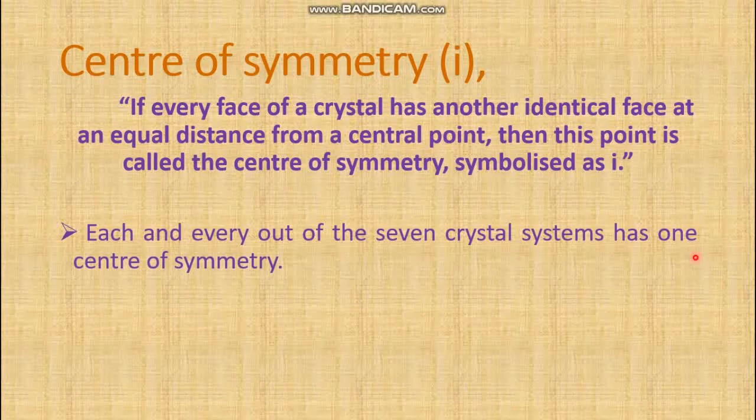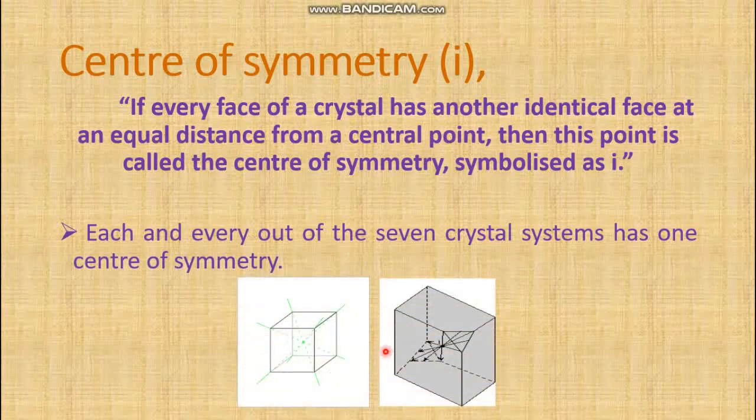So we have 7 crystal systems: cube, tetragonal, trigonal, orthorhombic, monoclinic, triclinic, hexagonal. Okay, so all these 7 crystal systems, each and every one must have a center of symmetry, I.